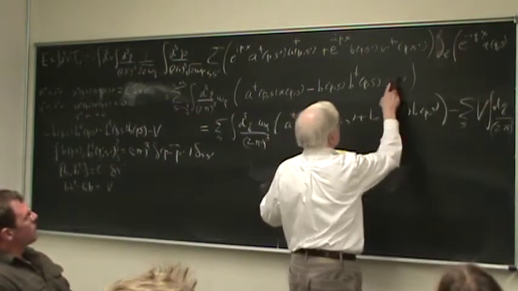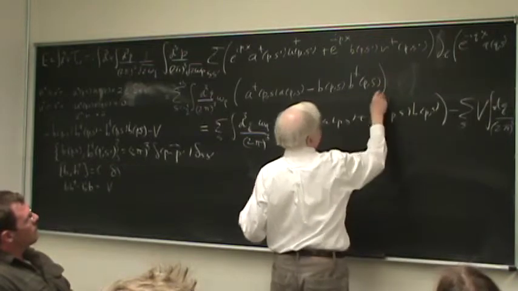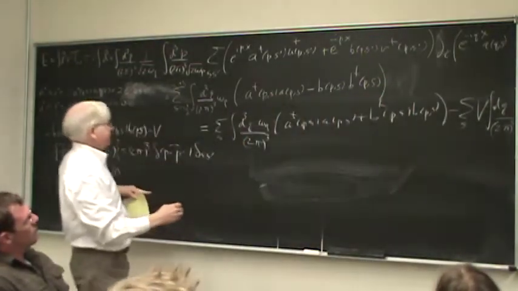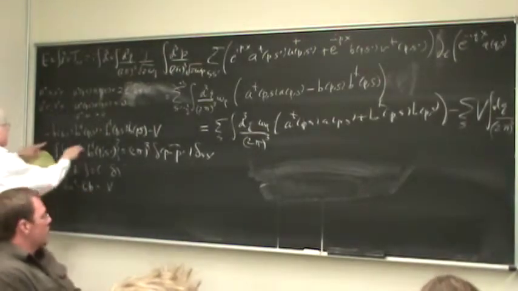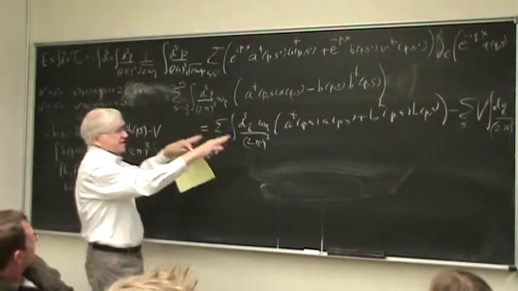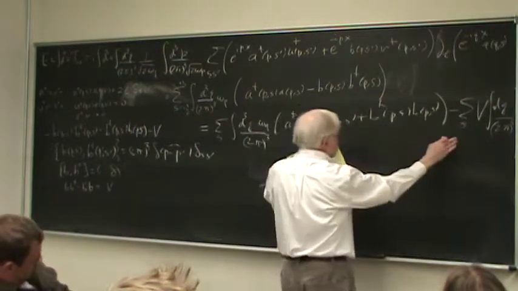What you wind up with is this from that calculation. And so if you are saying what is minus b dagger b, then it's b dagger b minus v, which is the thing that I wrote down, namely this.